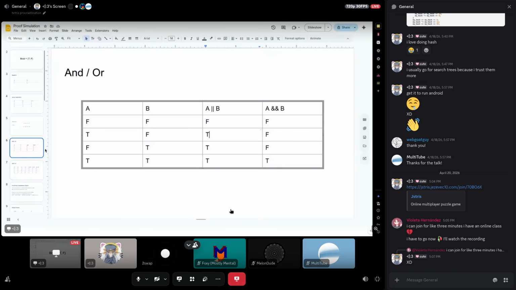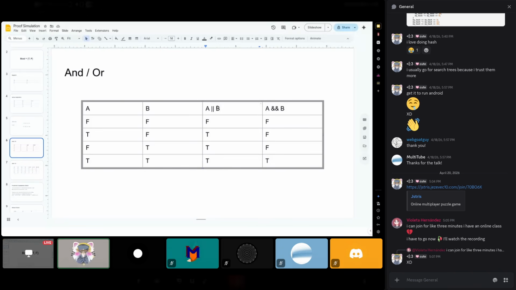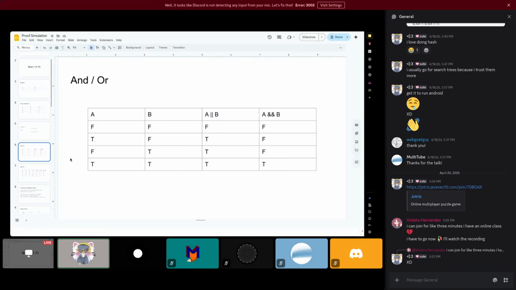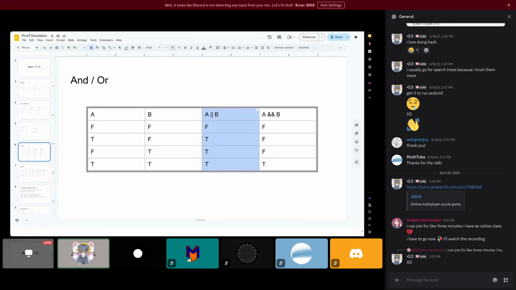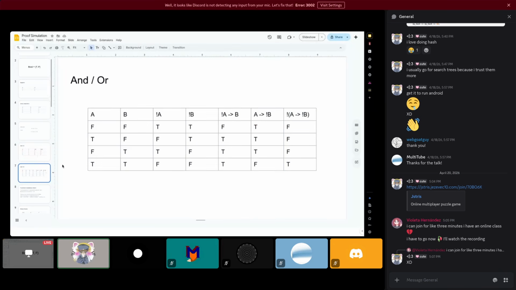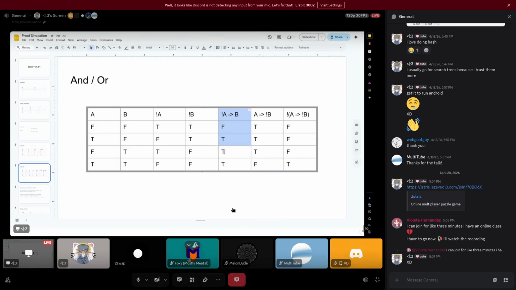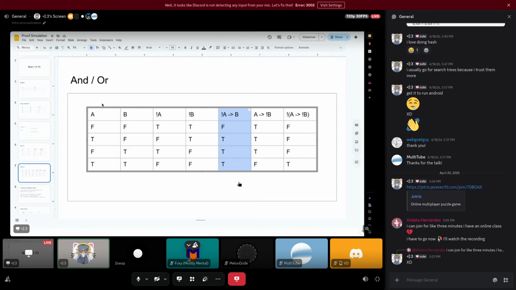But what's interesting about or and and is that you can write them in terms of just negation and implication. If you look at these truth tables, this column here is the same as this column here.